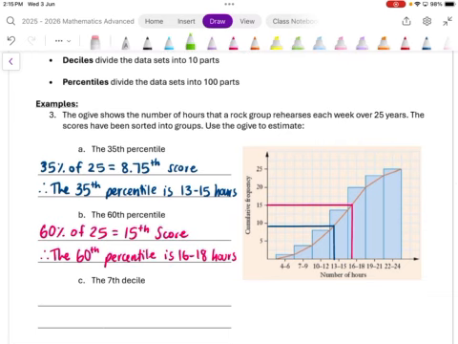The 7th decile is the same as 70% of our 25, which is our 17.5th score. So we go across at where 17.5 would be, and our 7th decile is also at 16 to 18 hours.